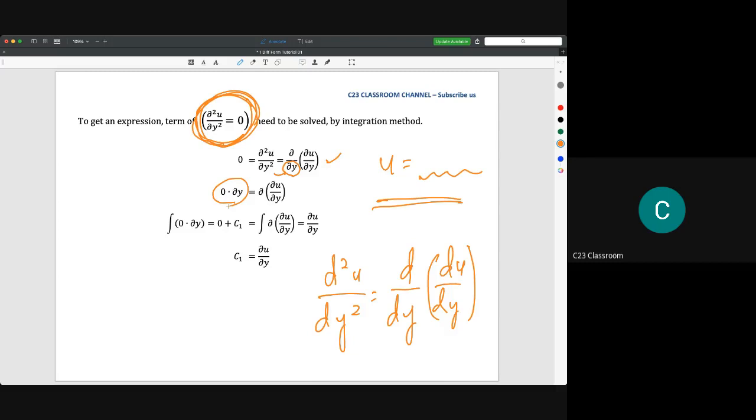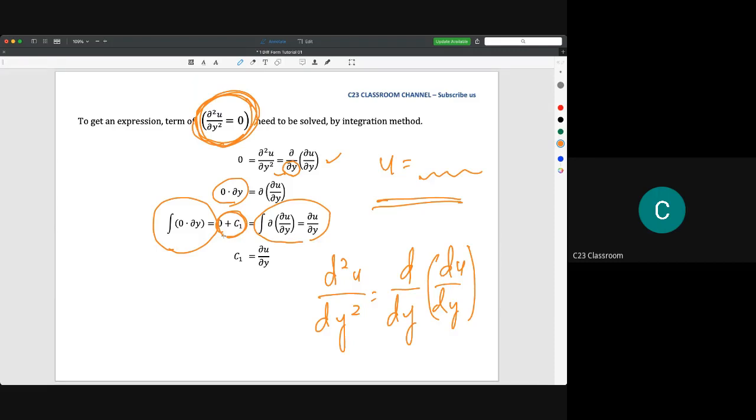Oleh itu bagaimana cara kita nak menghilangkan pembezaan? So kita akan buat kamiran. So kita kamirkan di sebelah kiri dan kita kamirkan di sebelah kanan. Cuma di sini awak kena berhati-hati, kamiran untuk kosong masih lagi ada nilai. So if you integrate 0, you will get 0 plus C1. So C1 is the constant for integral.